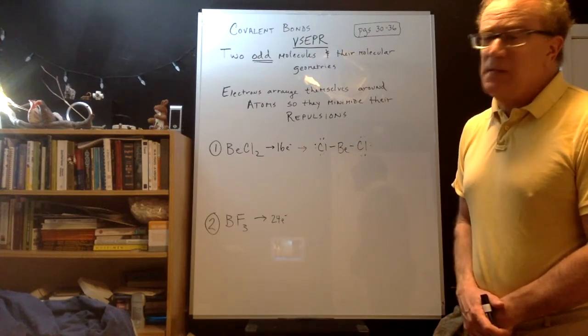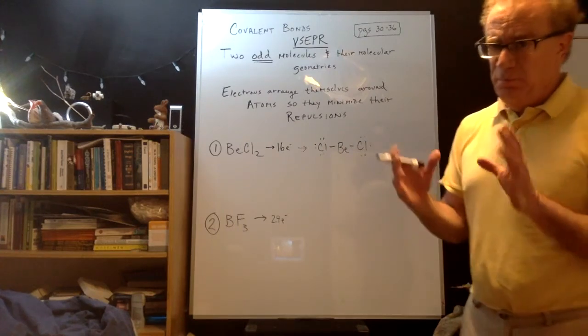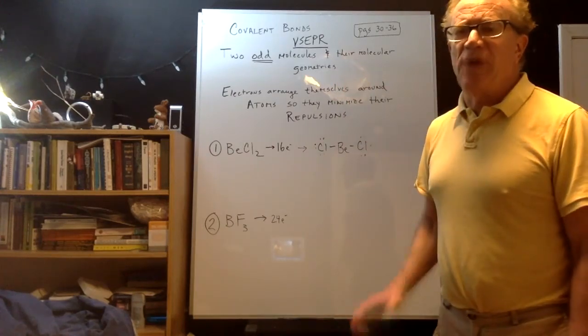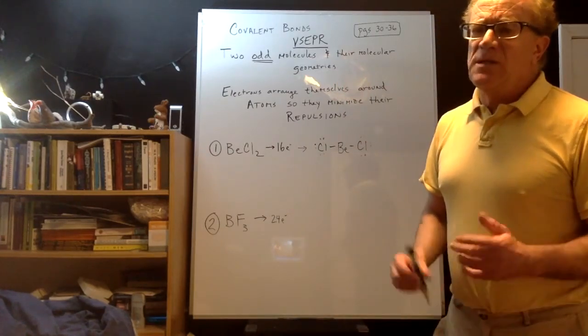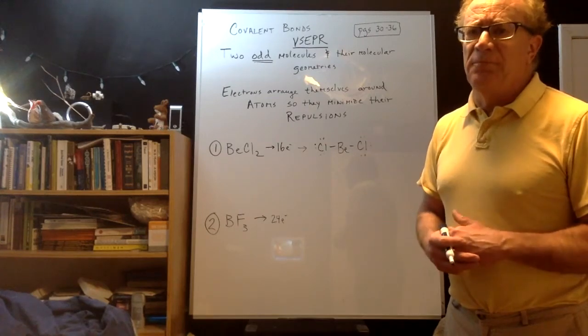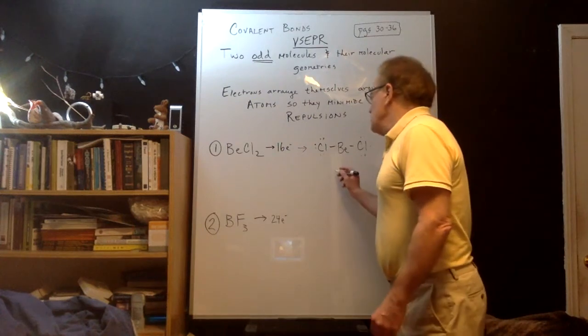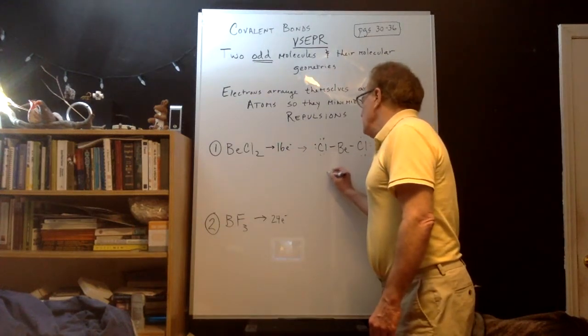So that's going to be an unstable molecule, but they put it in this section on VSEPR theory all the time because it creates the simplest molecular geometry. So this molecular geometry is just going to be linear.